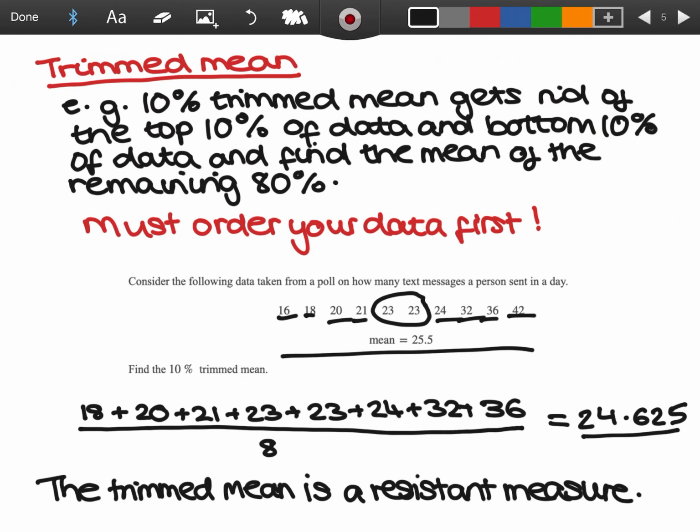Okay, so for example, let's go back to that data that I just had here. Looking at our 10 data points, 23 is our most common value here. It's the value that occurs most often.